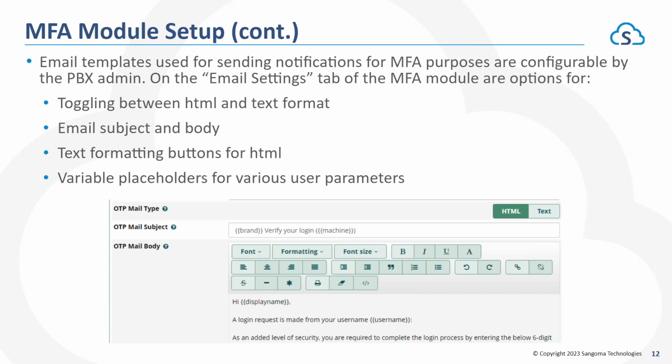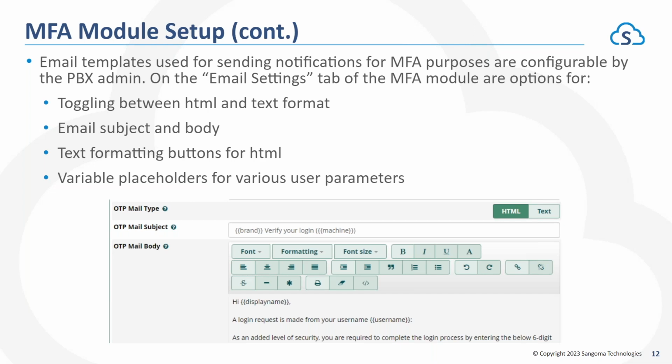For many things with the MFA challenges, emails are sent to the users as part of the MFA setup or the MFA token. These templates are configurable. So if you click on the email settings tab of the MFA module, you will see the various templates there for email settings.